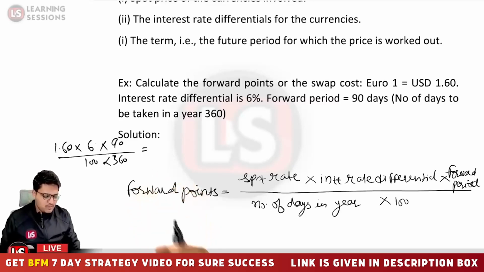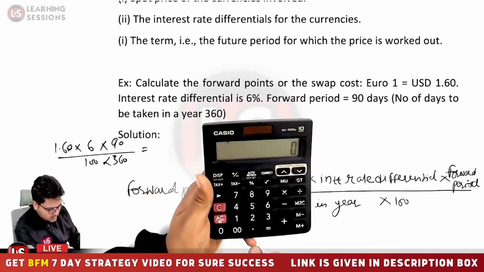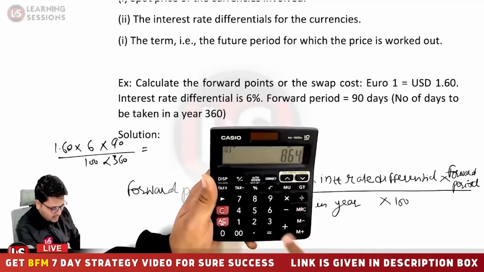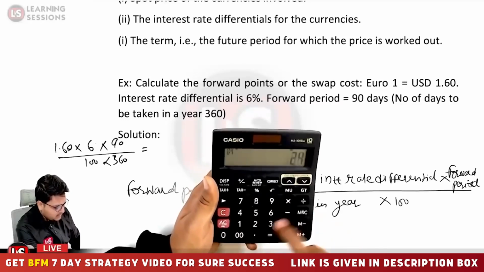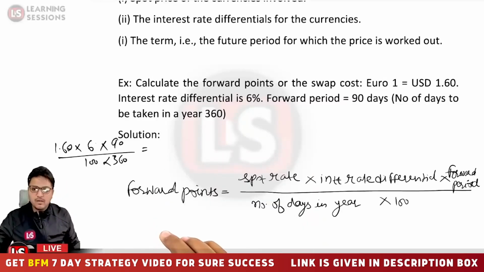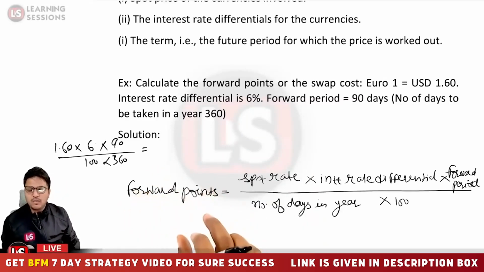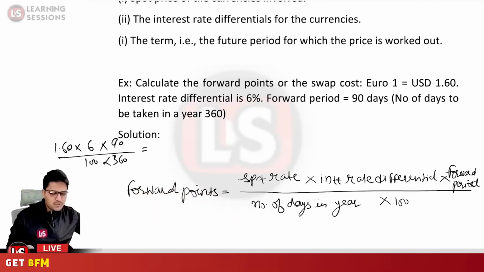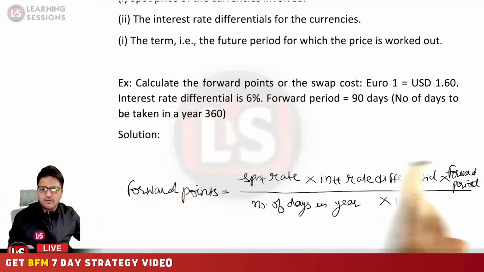Okay, so let us solve it. 1.6 multiplied by 6 multiplied by 90 divided by 360 divided by 100. So 0.024 would be the forward points in this particular case. Okay, so this is how we can calculate the forward points.